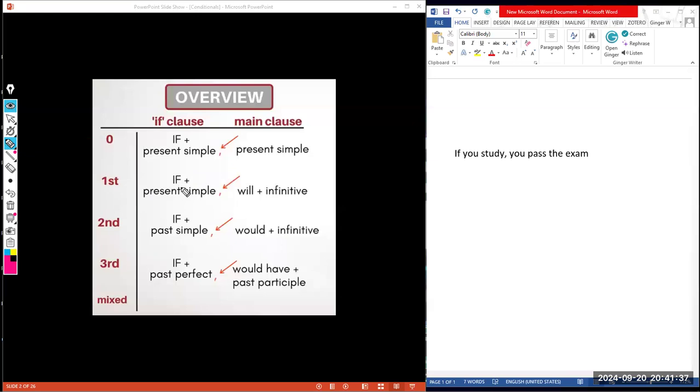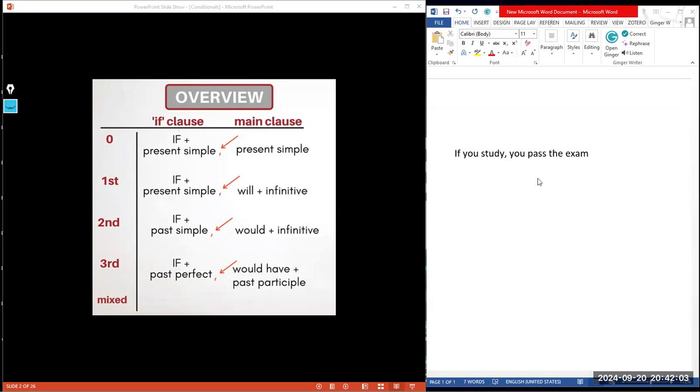Okay. Now rule number two is about the first conditional. Now the first conditional, if you want to use if in the if clause, the tense is the simple present tense. Okay. Now in the main clause, you have to use will plus infinitive or verb zero, the base form of the verb.